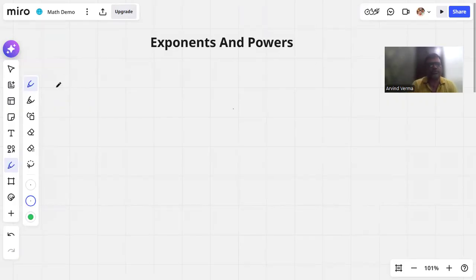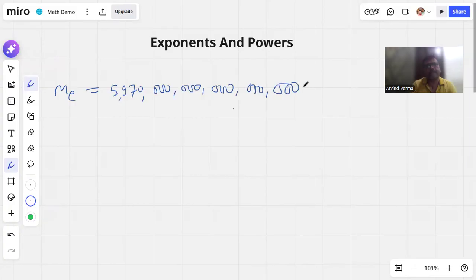If I ask you the mass of Earth, mass of Earth that is 590, 970, 000, 000, and this much kg.